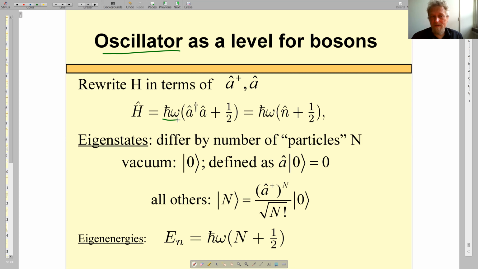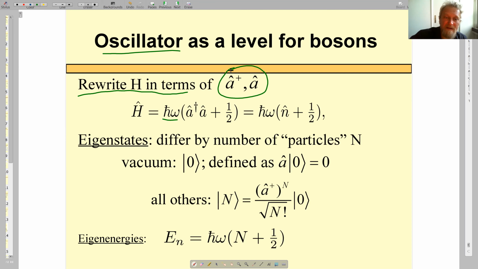What do we do in order to arrive at this? We will write the Hamiltonian in terms of this a, a dagger. And now I can invoke a real name for this. Those are creation and annihilation operators.